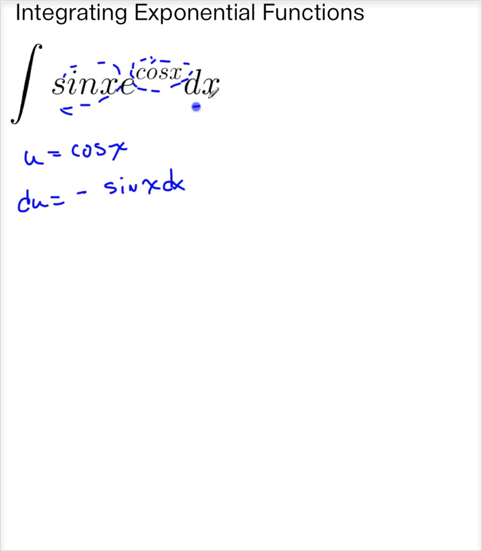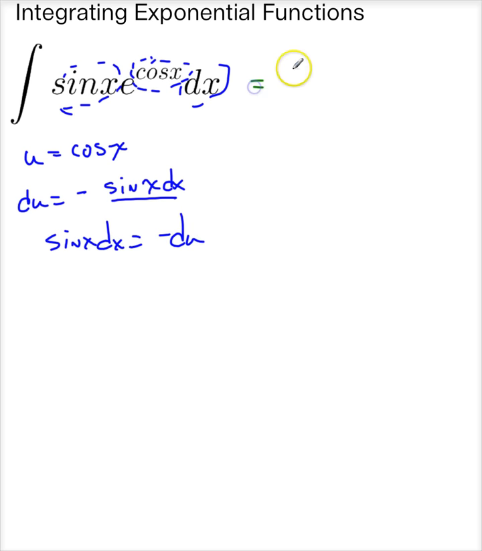Now, whenever you have trig functions, of course you want this to equal u. So let u equal cosine of x. Du is minus sine x dx. So I have sine x, I have dx. So when I solve for it, sine of x dx is minus du.